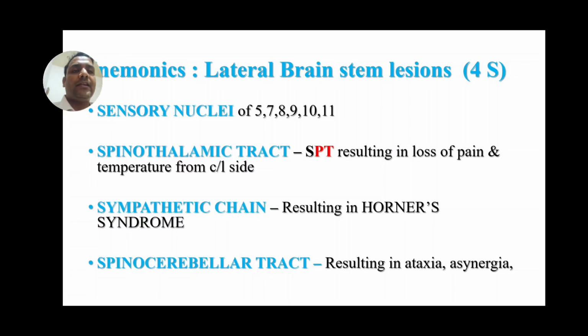Remember, spinothalamic tract as SPT, resulting in loss of pain and temperature, P and T. Sympathetic chain resulting in Horner syndrome. Spinocerebellar tract resulting in ataxia and asynergia. So this is about the lateral brainstem lesions involving predominantly the sensory tracts and sensory nuclei. Remember, they may also involve some motor nuclei, but predominantly they involve sensory nuclei and sensory tracts.